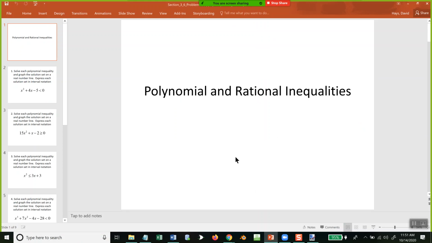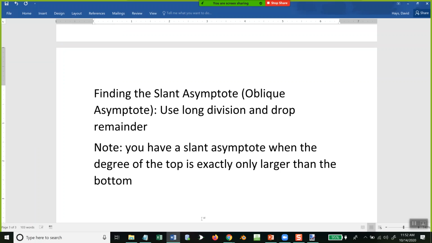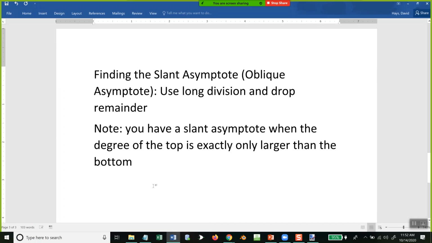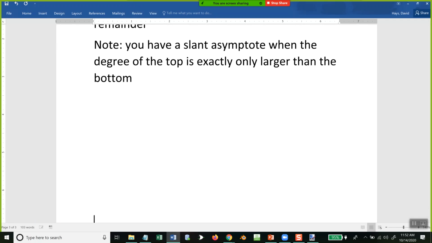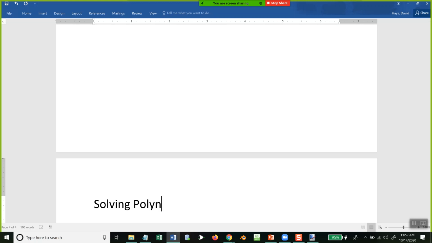So let's take a look at the next section, 3.6, polynomial and rational inequalities. Solving polynomial inequalities.